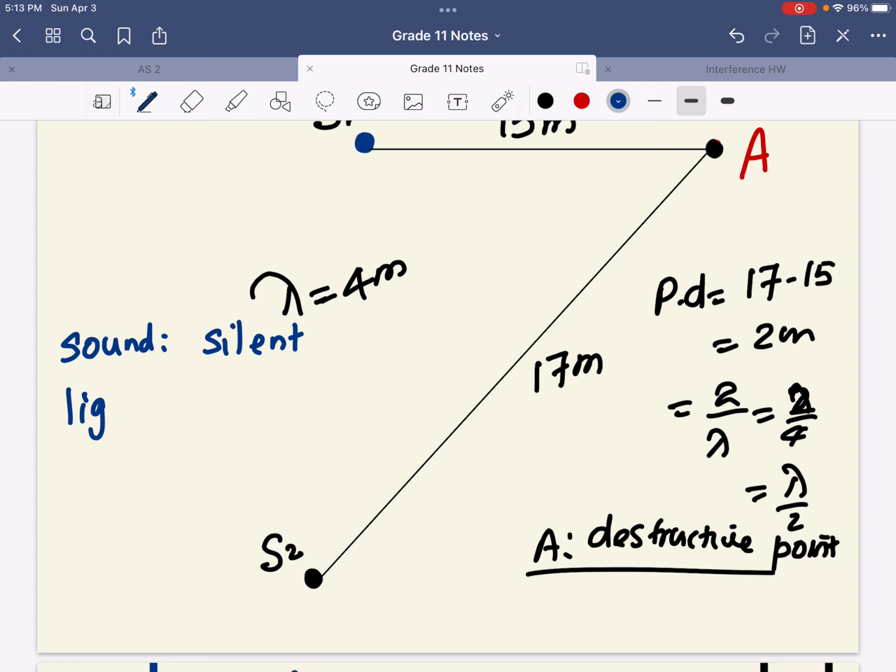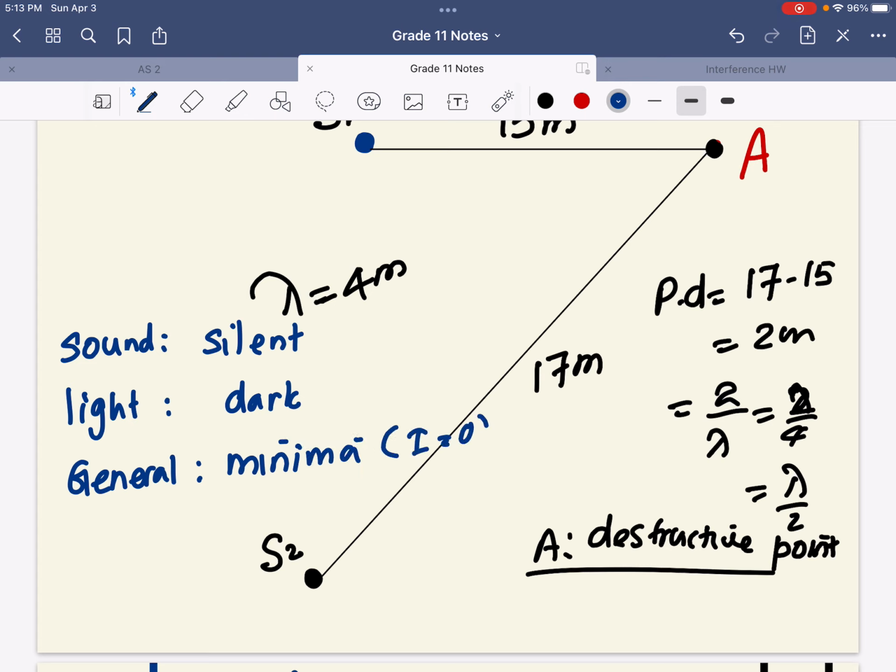In light waves, we can call them dark places, or in general terms minima places. Minima means intensity is zero. So silent, dark, minima, destructive point all mean no energy, the same thing in different wave contexts.